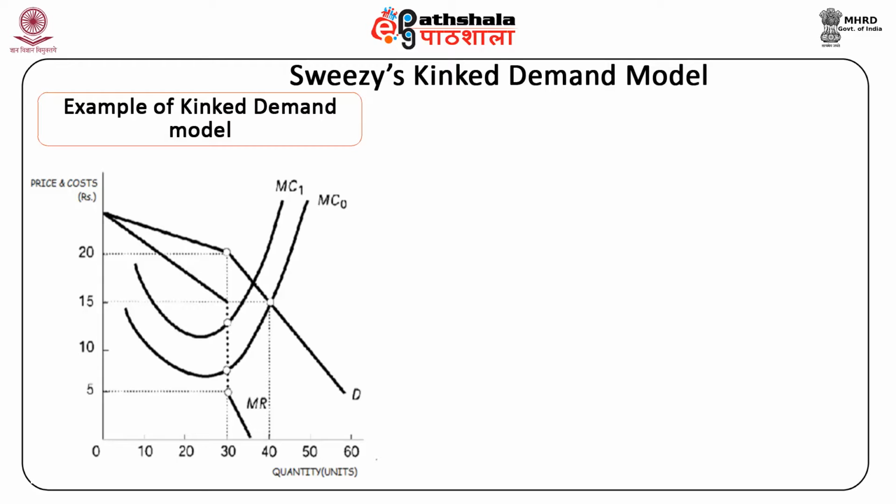As explained in the previous section, the equilibrium price and output is determined at the kink of the demand curve. From figure 4.5, it is clear that the equilibrium price is rupees 20 and the output is 30 units.